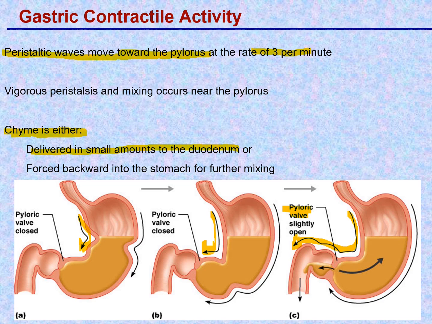If at the same time any contraction wave occurs, it will push the food in both directions, into the duodenum, but there's also a back movement of food further into the stomach for further mixing. So chyme is pushed forward or pushed backward depending upon the state of the pyloric valve, whether it's open or closed.